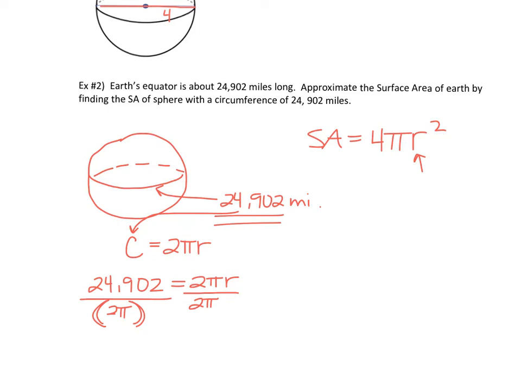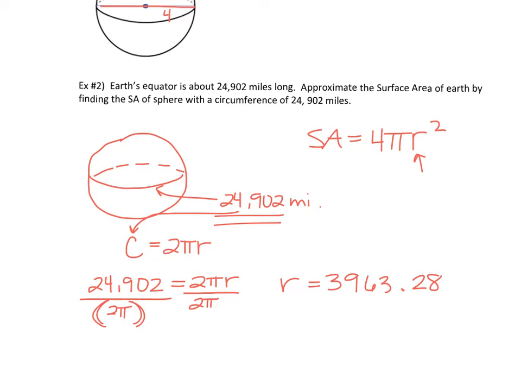I didn't put parentheses. 24,902 divided by, you know what, parentheses might not matter actually when pi is involved. Nope, it for sure did. So your radius here, when you divide that, is 3,963.28, we'll say.